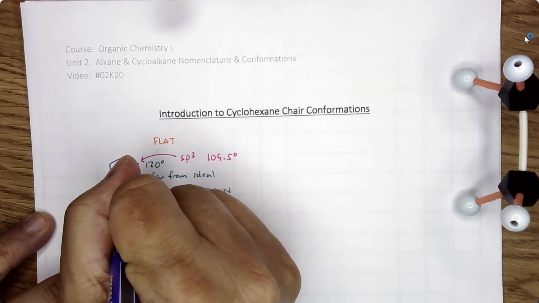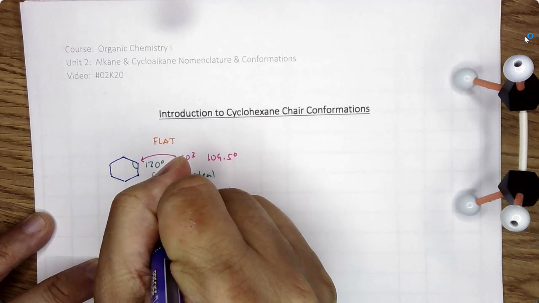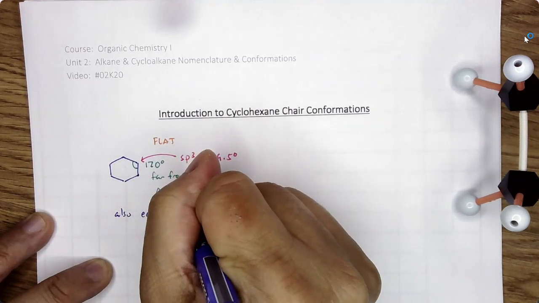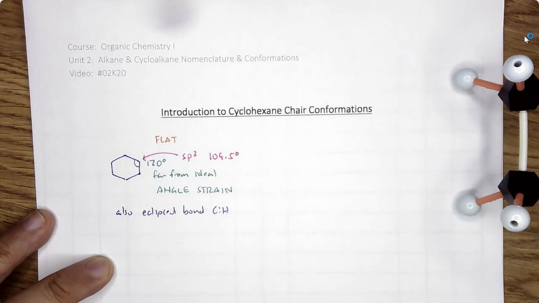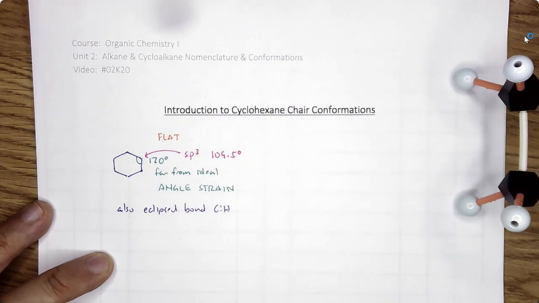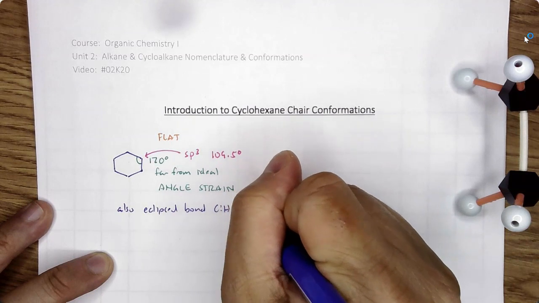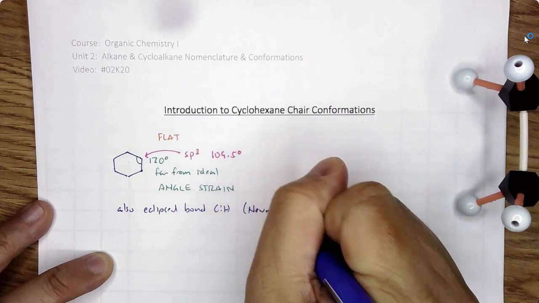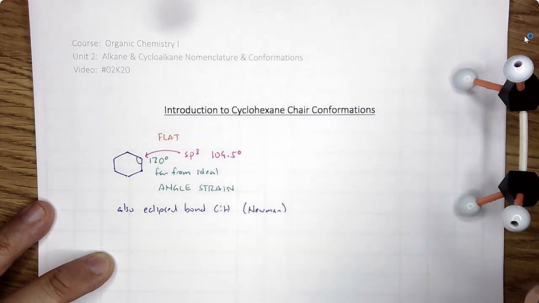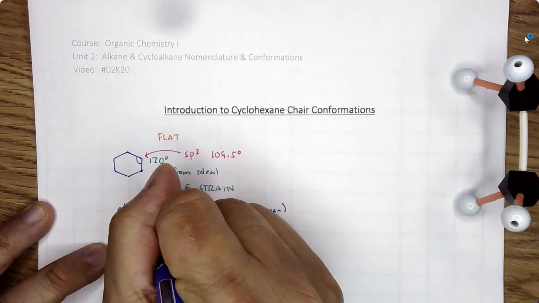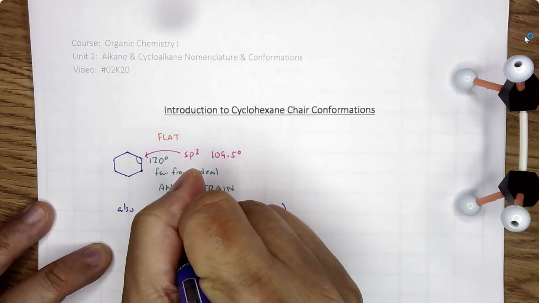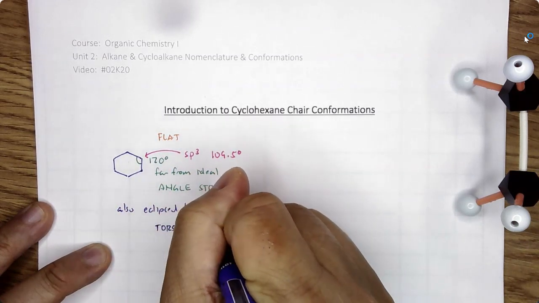also eclipsed bonds, and which bonds? CH bonds. So we're looking at it like a Newman projection. And what is the strain associated with eclipse bonds? It's torsional strain. There's angle strain, and now we've identified also torsional strain.